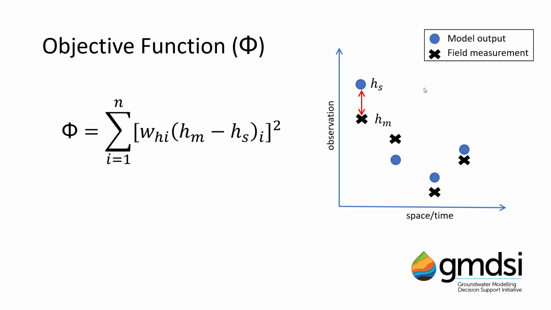You may come across some suggestions for minimum values of some summary statistics like the root mean square error and so on. However, there's no reasoning that supports that meeting these types of criteria defines a model with a good fit. At best, it might be reasonable to say that the minimum value of an objective function can be equivalent to the uncertainty in the measurement data. Effectively, it's pointless to try and improve a fit between a model output and a measured value beyond the precision of the measurement.